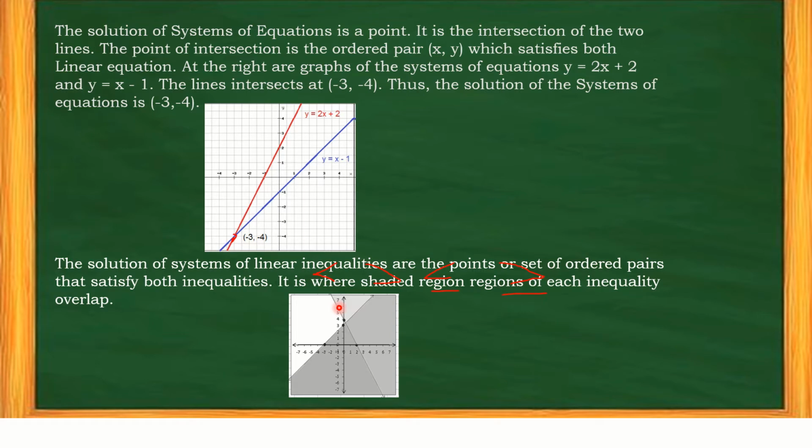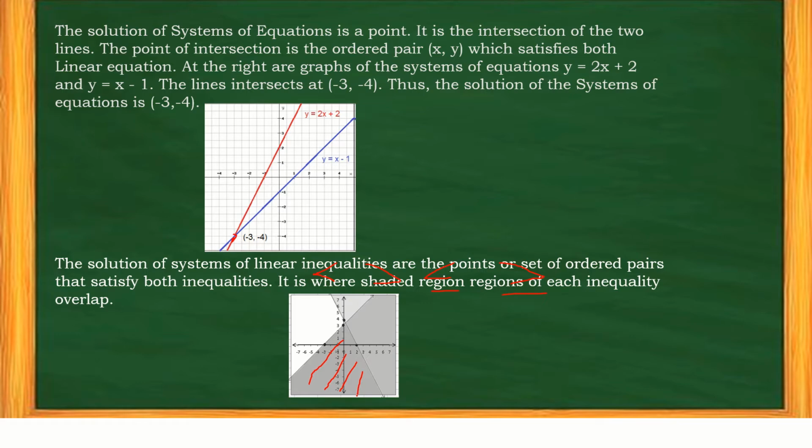You are going to have a shaded region. The overlap or the intersection of the two inequalities is their solution. So the solution here is the overlap of the two shaded regions.